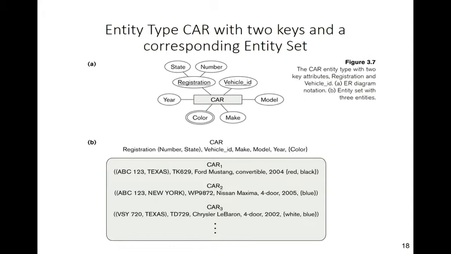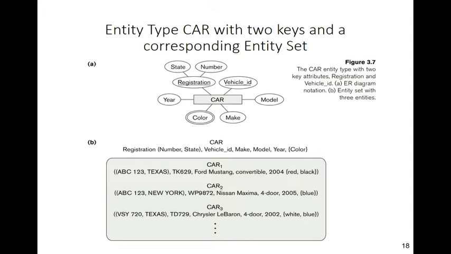We have three pieces: the state, the number, and the vehicle ID are all three pieces that you need to know to get the unique vehicle. Okay. For the car itself, we have a model, we have the year associated with it, we have the make, and we can have multiple colors associated with that.